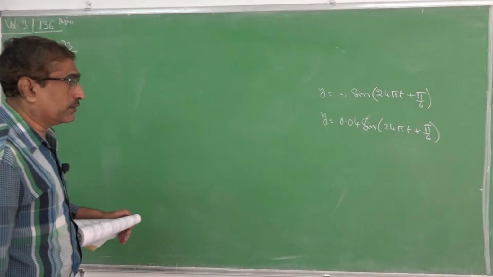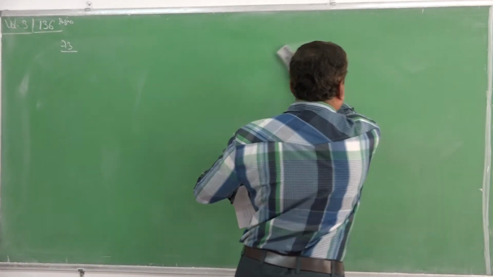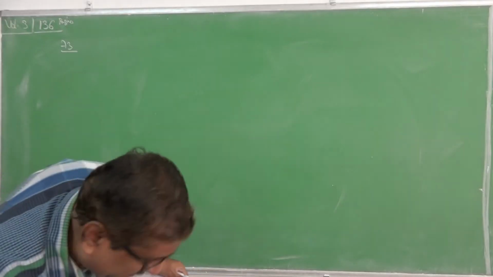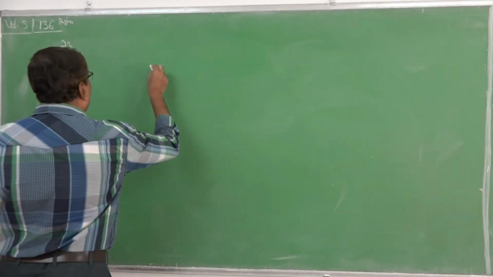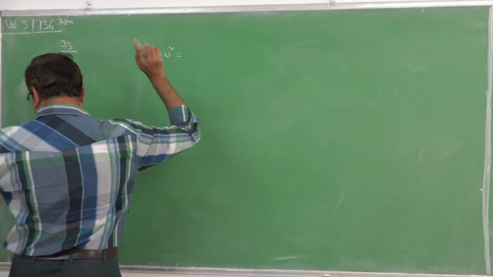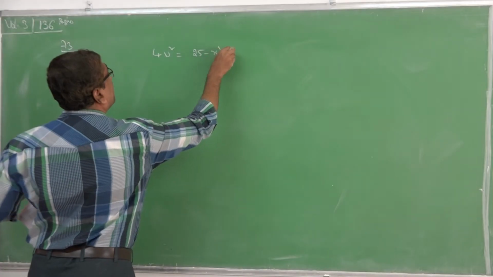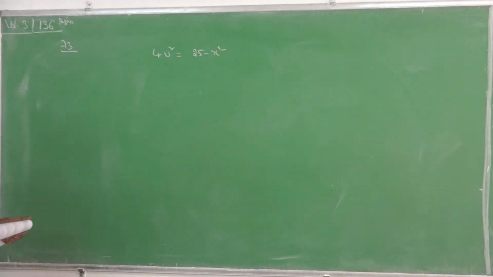The question is, the displacement x and velocity v of the particle are related as 4v square is equal to 25 minus x square. This is given.